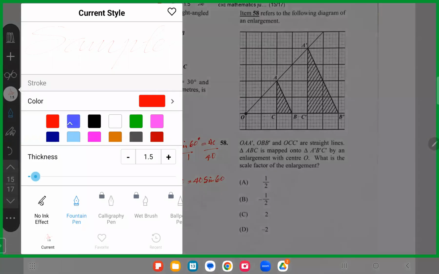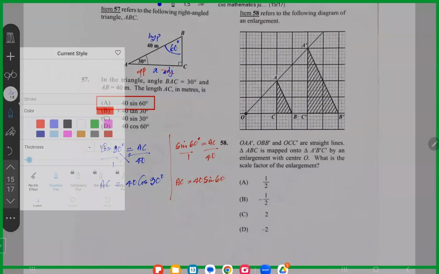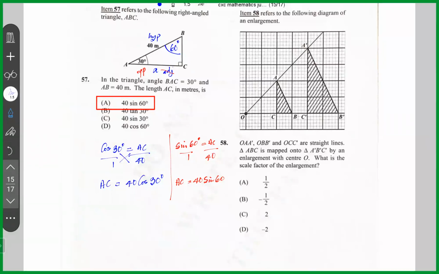Moving on, 58. Item 58 refers to the following diagram of an enlargement. OAA prime, OBB prime, OCC prime are straight lines.